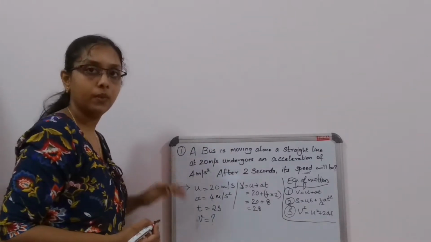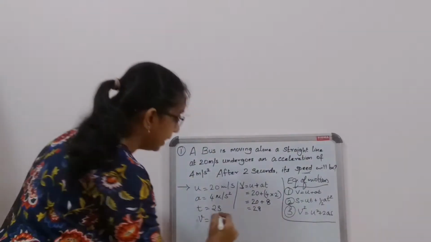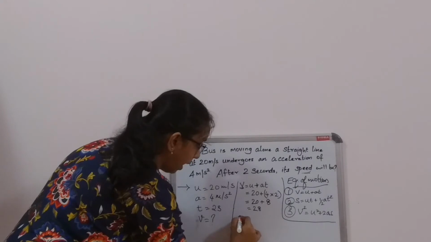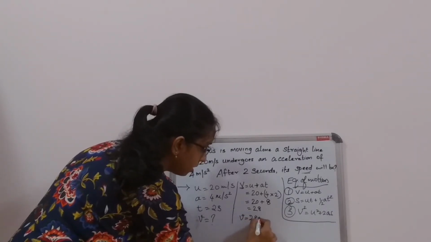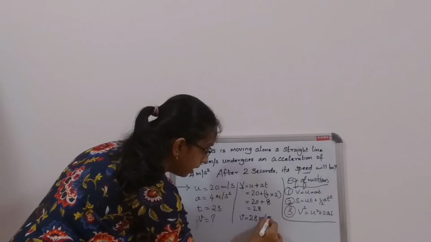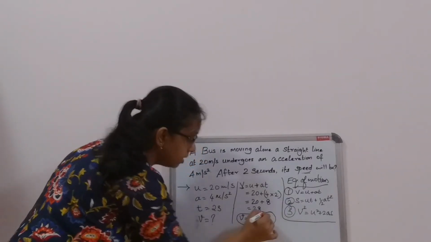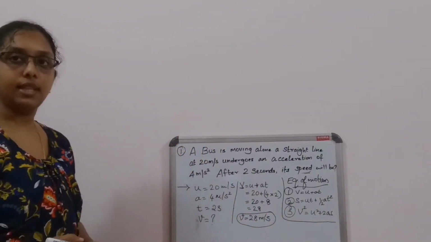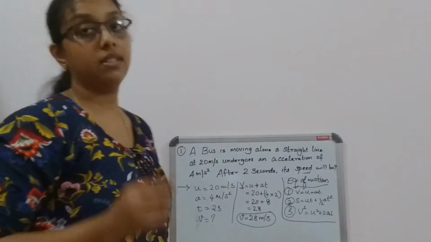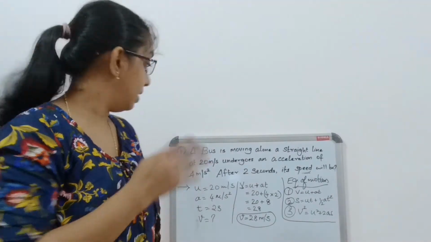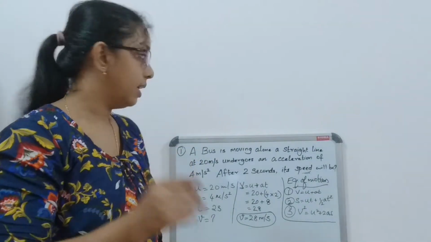So our final velocity which we have obtained is 28 meter per second. So the bus has started with an initial velocity 20 meter per second.